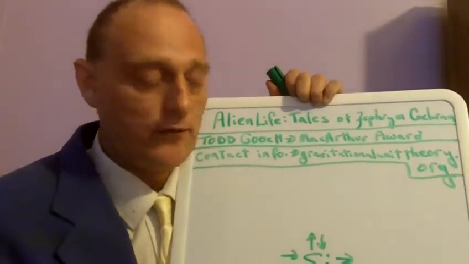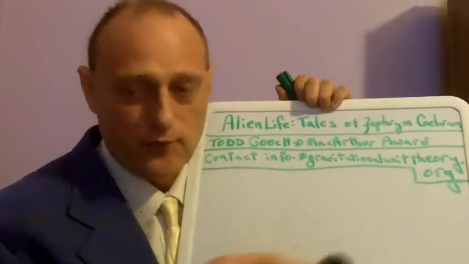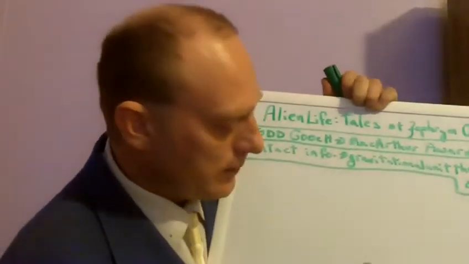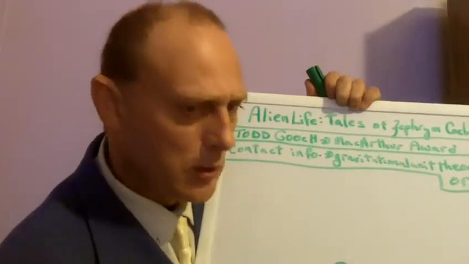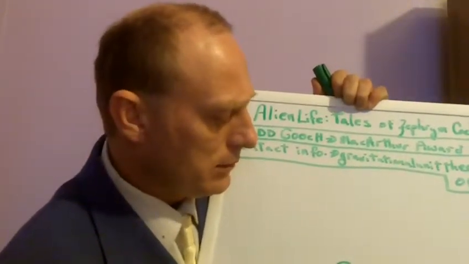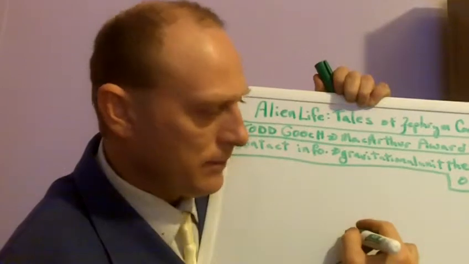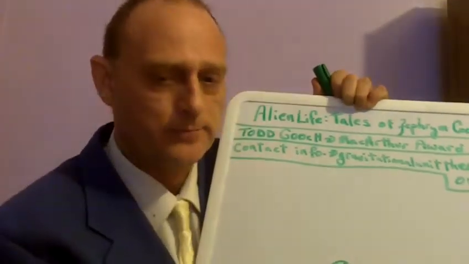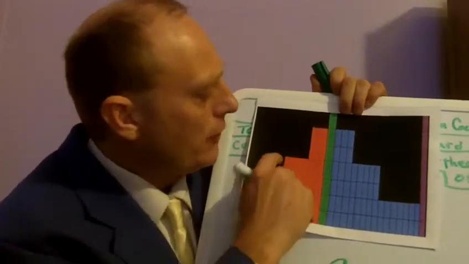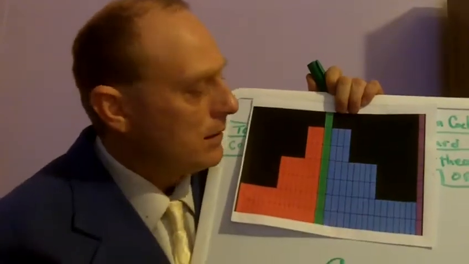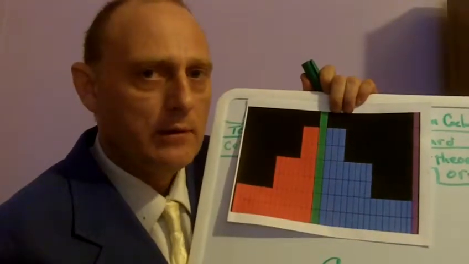The next element is cobalt. And cobalt is in the fourth period. It's right here. There's 18 elements in that period.